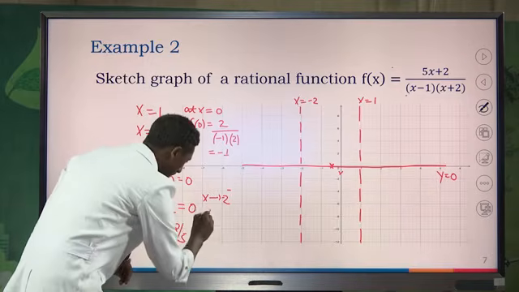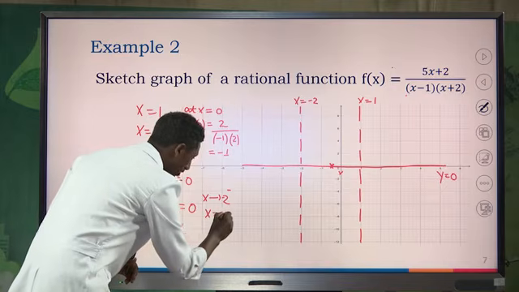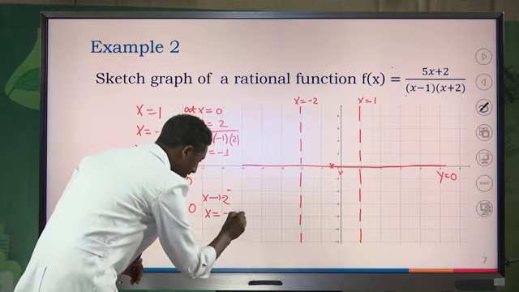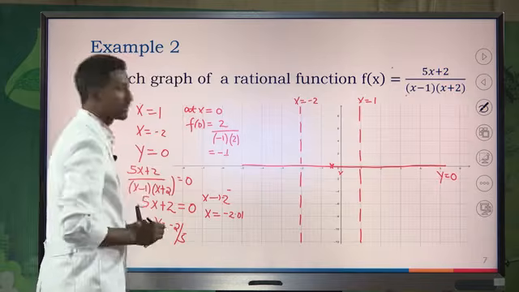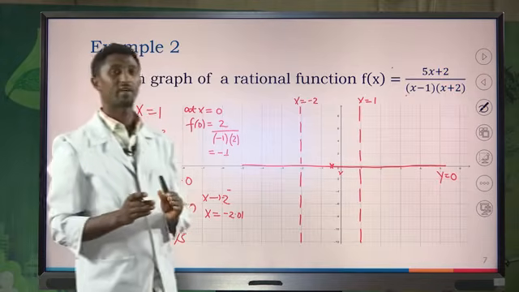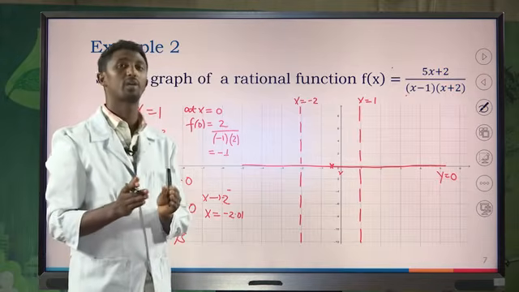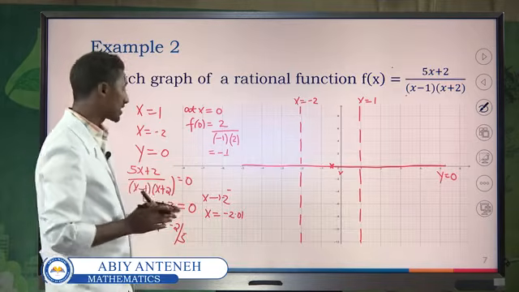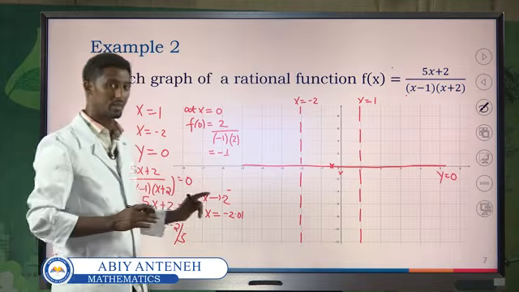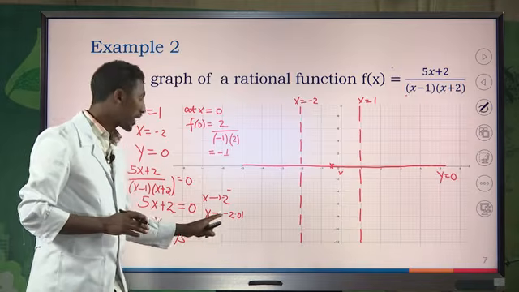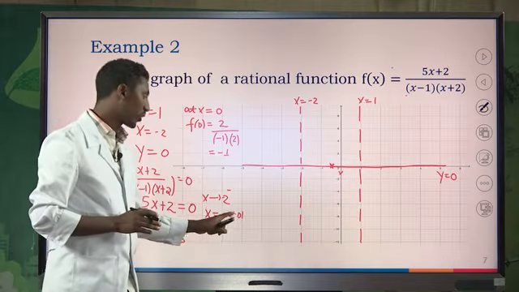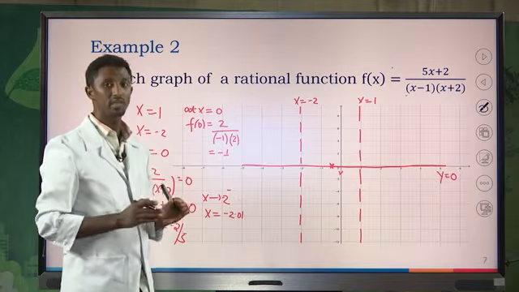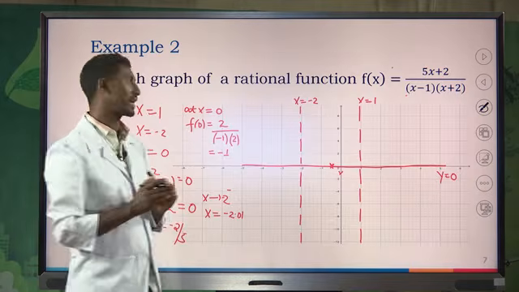Let x equal minus 2.01. It is advised to take a number very close to the vertical asymptote. Here our objective is not to evaluate the value at x equals minus 2.01. Our objective is to determine only the sign.